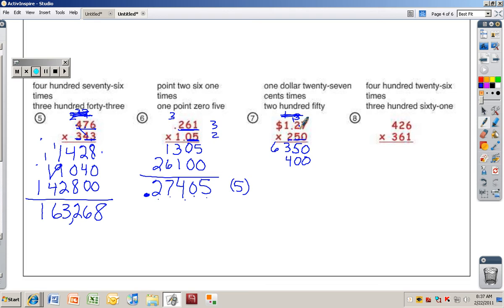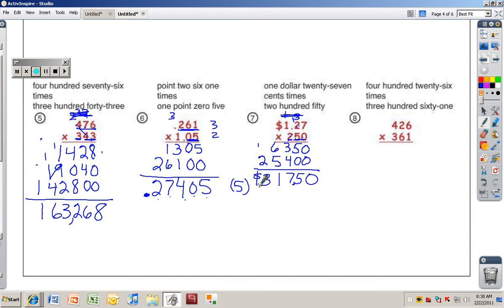Carry the 1. Don't skip this step now. 2 times 2 is 4 plus 1 is 5. And 1 times 2 is equal to 2. 0, 5, 7, 11, 3. And again here, notice that I'm doing $1.27 times 250. So I can put the decimal point back in there with the dollar sign.